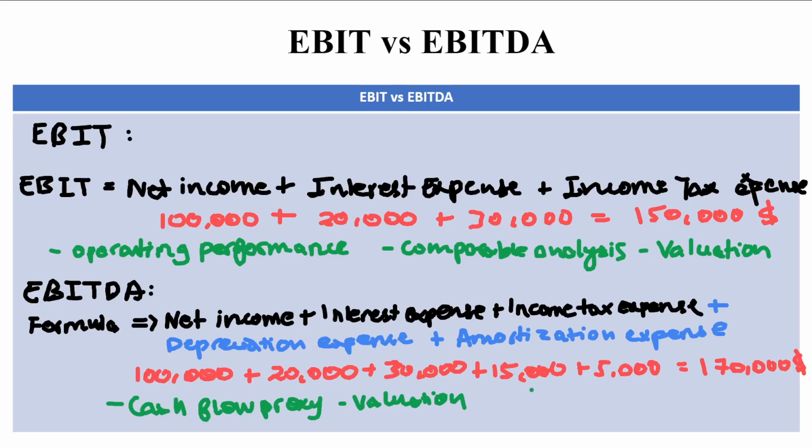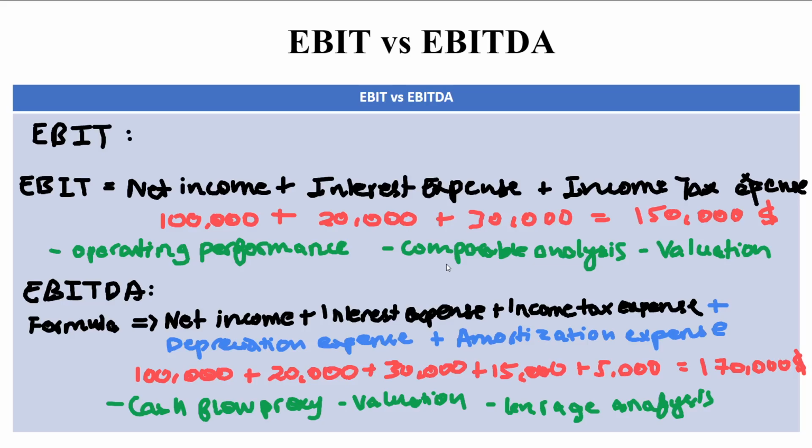Then we have leverage analysis. EBITDA can be used to assess a company's ability to service its debt, as it provides a measure of earnings before interest payments and other depreciation and amortization expense. Now, we're going to look at the key differences between EBIT and EBITDA. EBIT's main focus is on operating profitability, while EBITDA focuses on overall profitability.